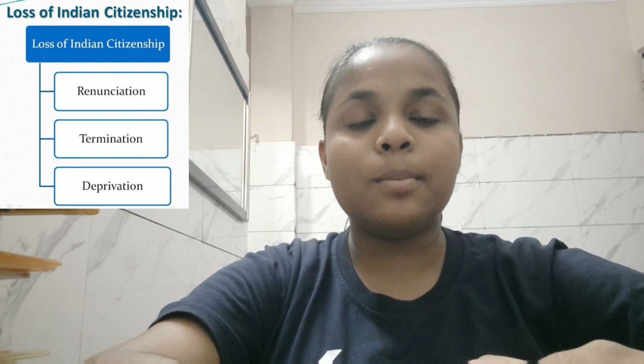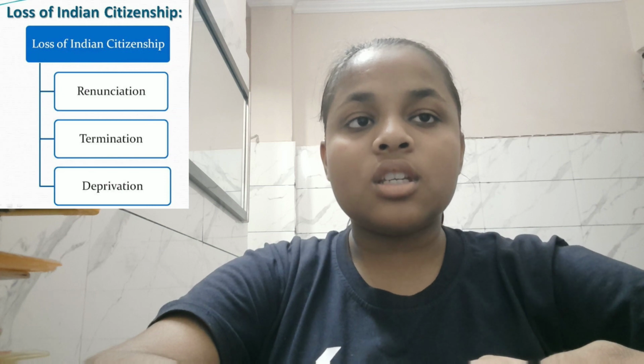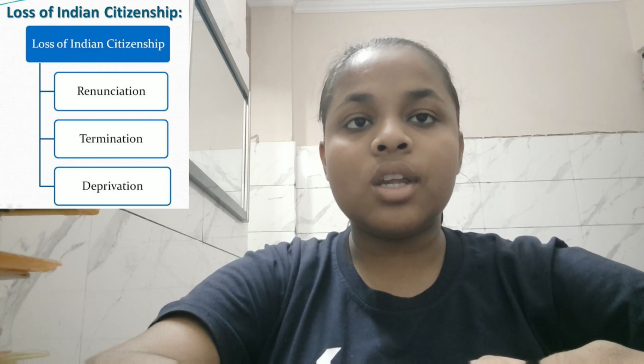It is a voluntary act by which an Indian citizen can give up Indian citizenship. Second, termination. It takes place by operation of law when an Indian citizen voluntarily acquires the citizenship of another country. He automatically ceases to be an Indian citizen.